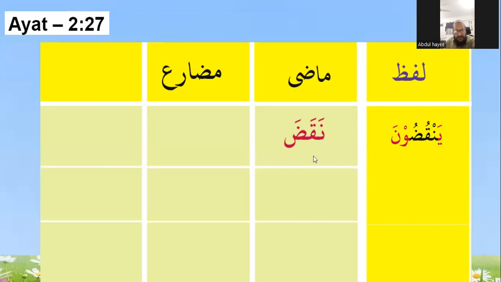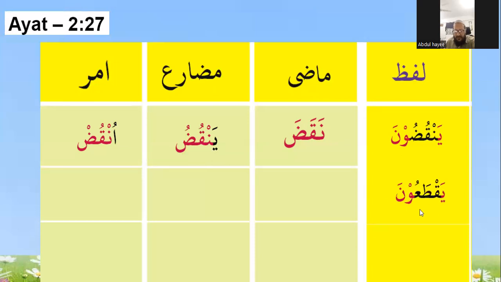And this will come with kasra because we have to keep the kasra. So it will be yankidu, yankudu. And the amr is unkud. Because the kaf has dhamma here, this will have a dhamma. Unkud. Nakada, yankudu, unkud.